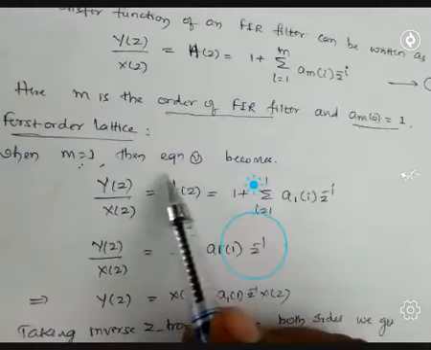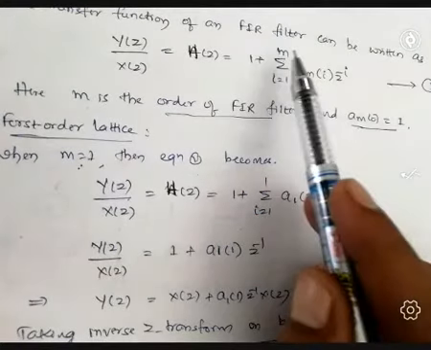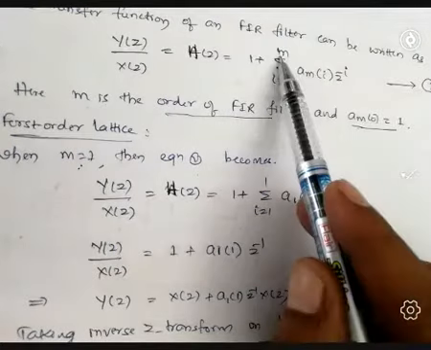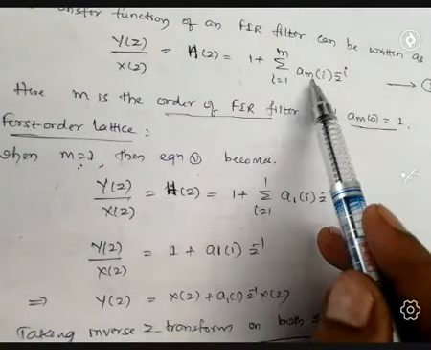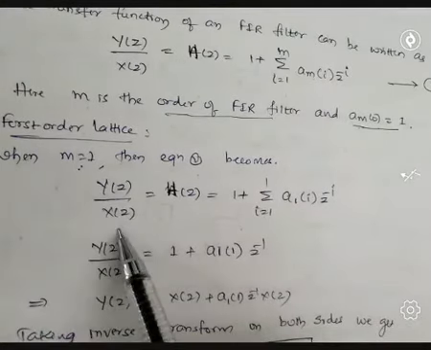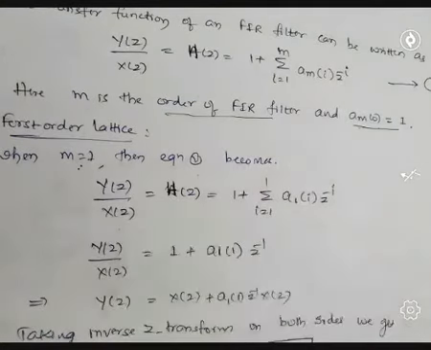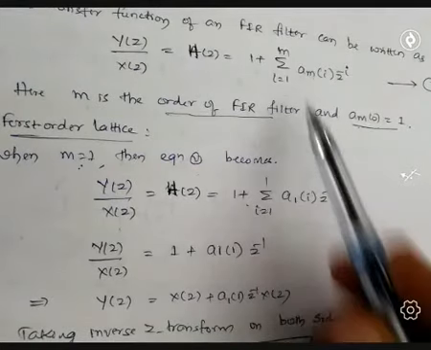If I substitute m equal to 1, then equation 1 becomes, wherever m is there, substitute 1. Then equation 1 becomes Y(z) by X(z), H(z), equal to 1 plus summation over the limits i equals 1 to m.